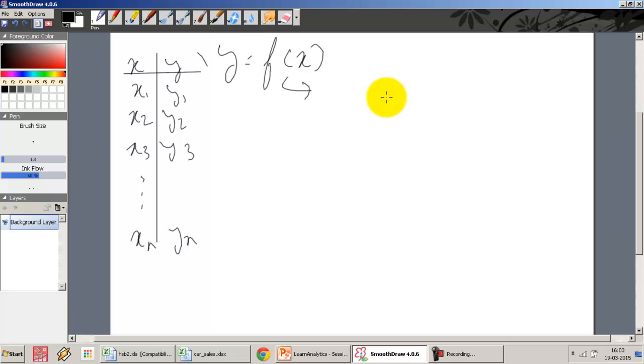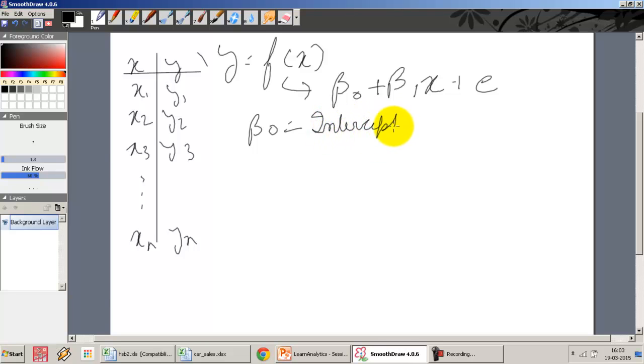So when we build regression models, we call that linear function beta naught plus beta 1x plus the error term. Over here, beta naught is the intercept and beta 1 is the slope or parameter estimate.